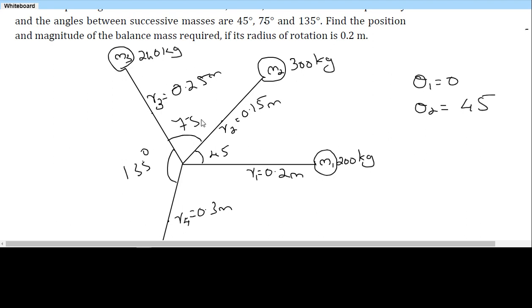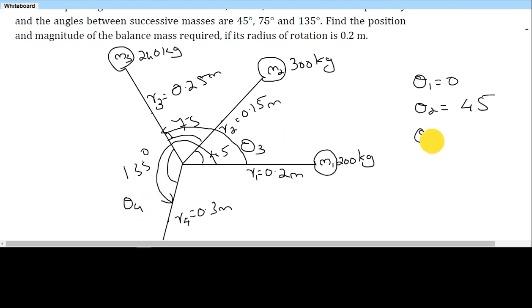Now theta 3, that is the angle of the mass with respect to the reference. We have taken the reference as x. So the first one is 0, the second one is 45, the third one is not 75. We have to take the angle from the reference. That means this much angle, so that will be theta 3. And similarly, this angle will be theta 4.